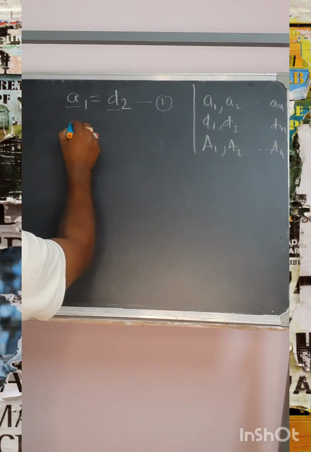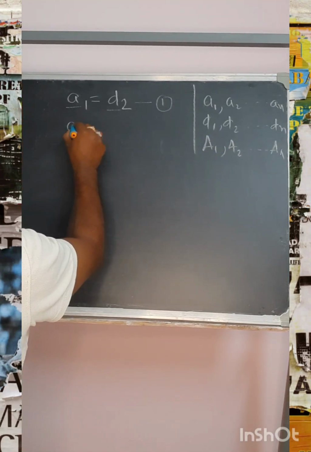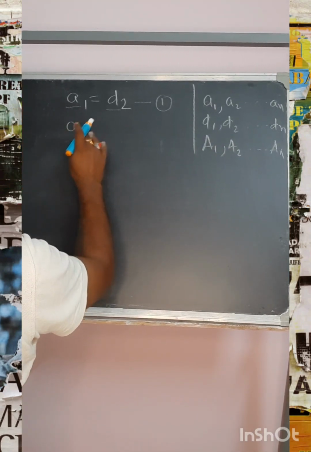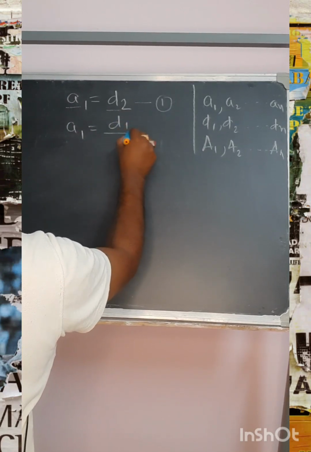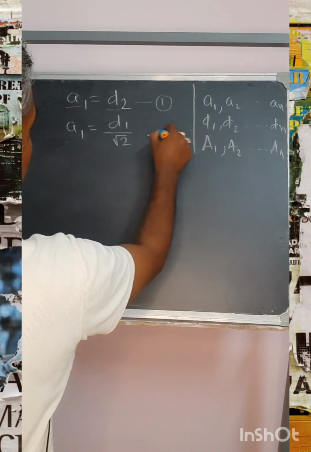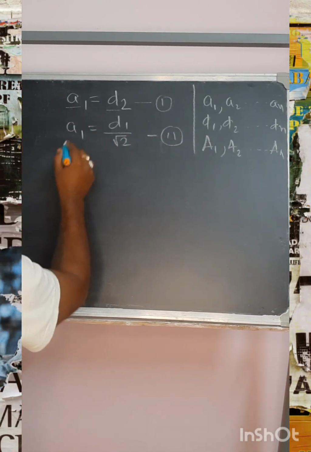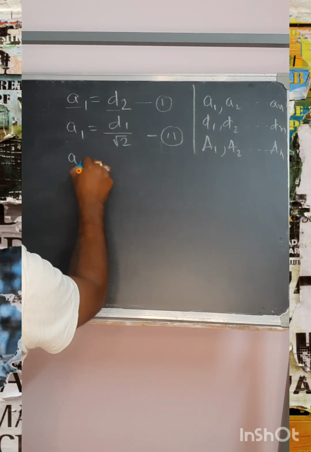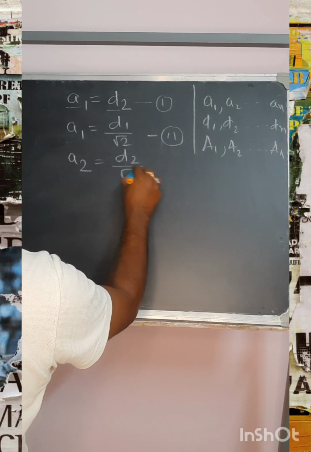Another condition, which is very natural: for any square, the arm length is the diagonal divided by root 2. So what would be a2? a2 would be d2 by root 2.